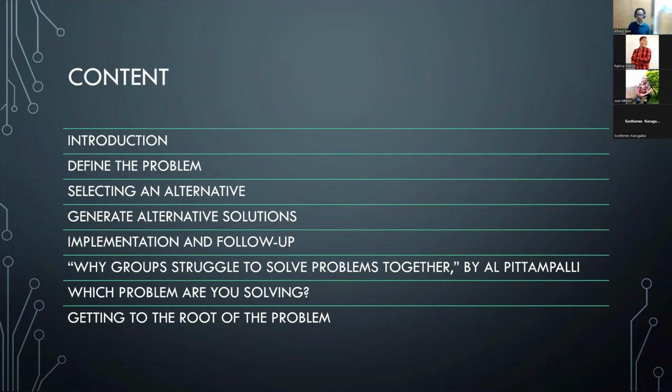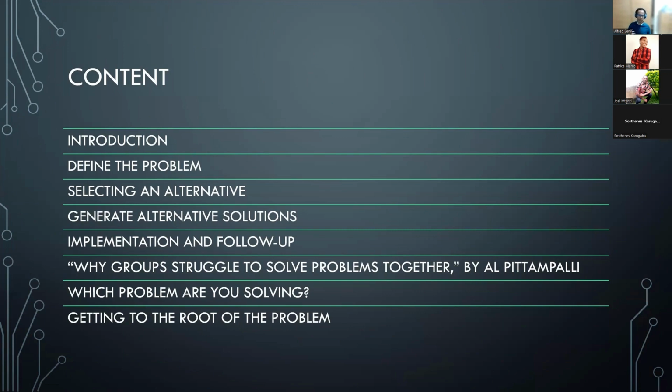We are going to look at the process of solving a problem: you define the problem, generate alternative solutions, select one, and then do the implementation and follow-up. We are also going to look at the latest research done around problem solving.